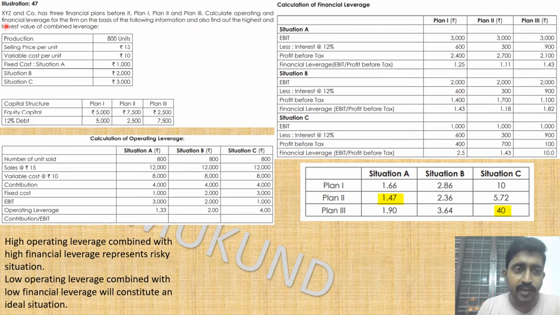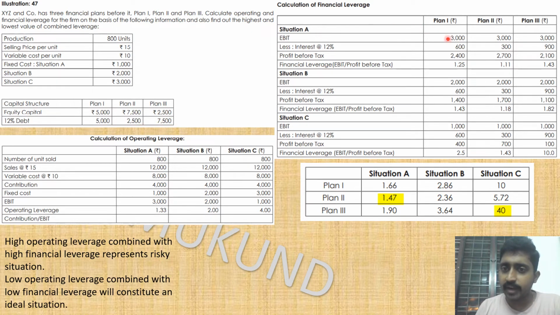Next, we have to find the financial leverage also. For that, we have to calculate EBIT minus interest. And if you see, the interest will be different in each plan. So plan 1 is having 5,000 as debt finance, plan 2 has 2,500, and plan 3 has 7,500.